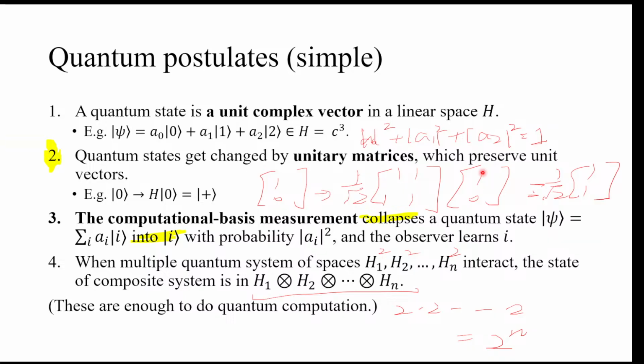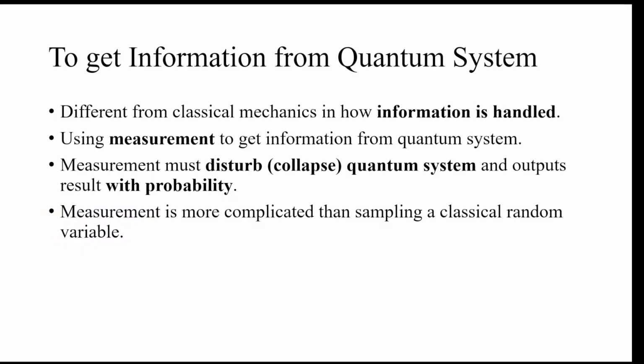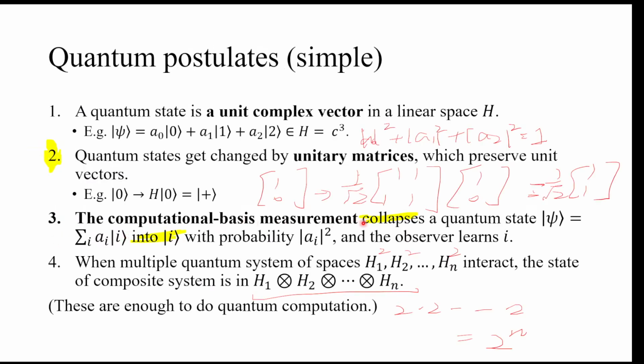And the third one, we say that we can do a computational basis measurement on a quantum system. This is the measurement we talk about. You can do a computational basis measurement on your quantum state, and you will collapse your quantum state into a computational basis state. Now going to a bit of physics, in each system we assume there is some natural direction that you set as the computational basis, that is 0, 1, 2 to n-1.